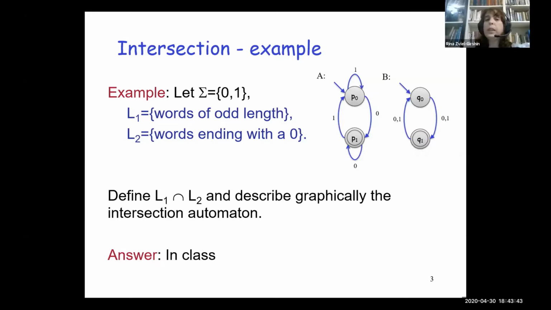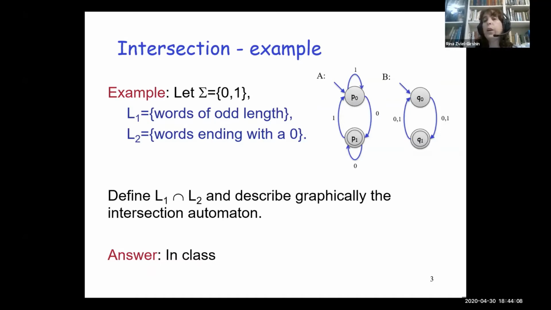Exactly. So basically, when I'm talking about intersection and not union, in union, I accepted the word if it belonged to language L1 or to language L2 or to both of them. Currently, when we are talking about intersection, the word is accepted if it is accepted by L1 and L2.